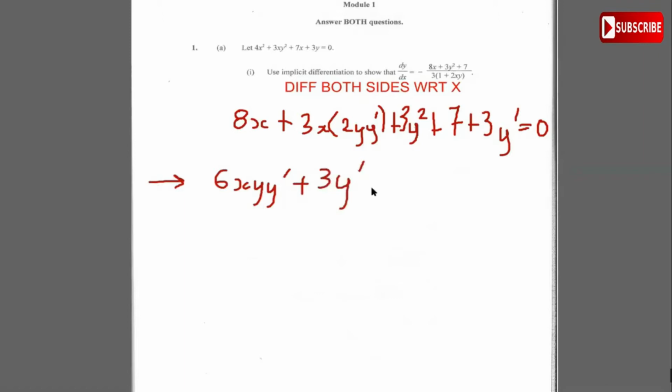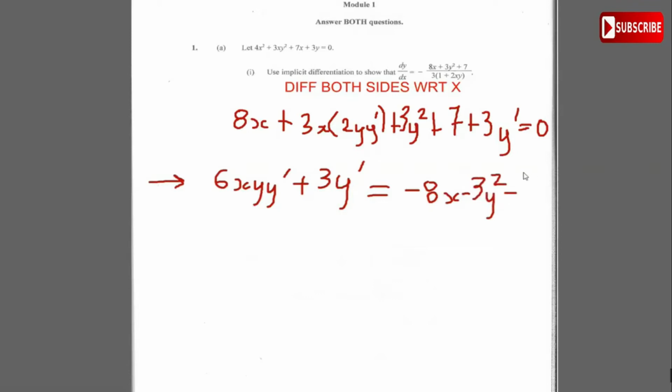It's going to be equal to, we are going to bring over the 7, the 8x, and the 3y² to the other side. Bringing over the 8x, it is minus 8x. Bring over the 3y², it is now minus 3y². Then bring over the 7, it becomes minus 7.